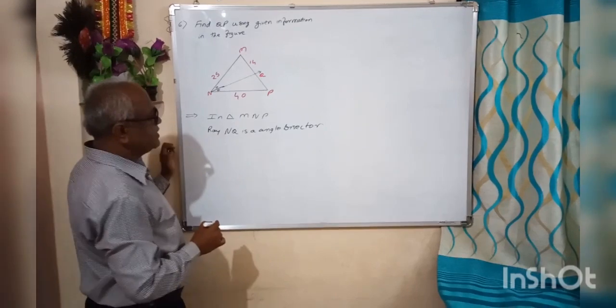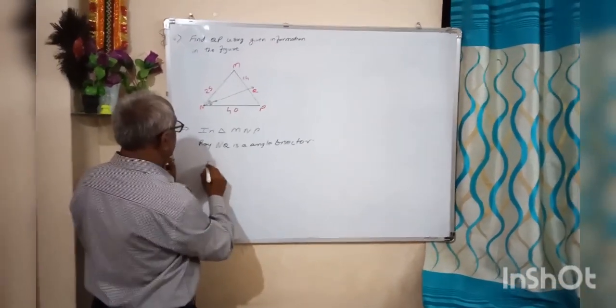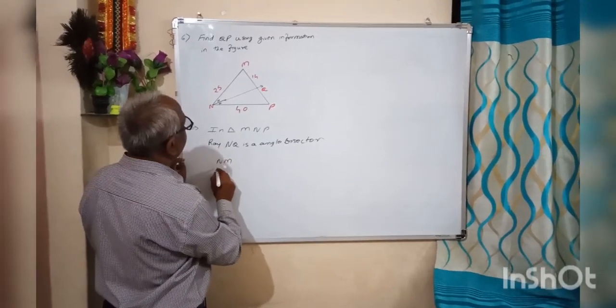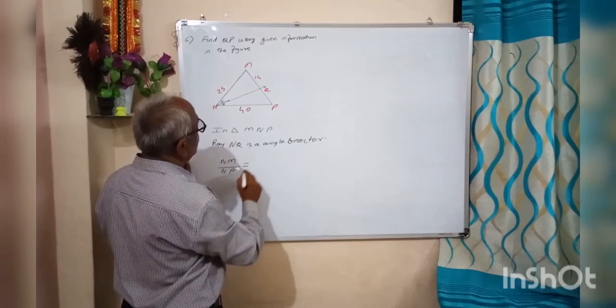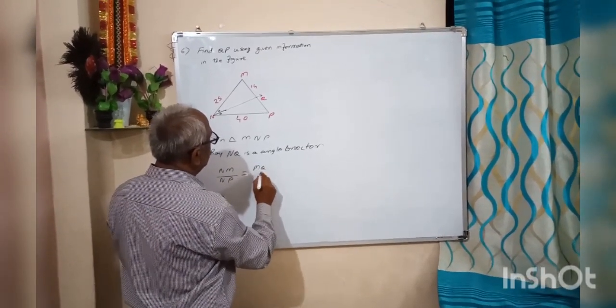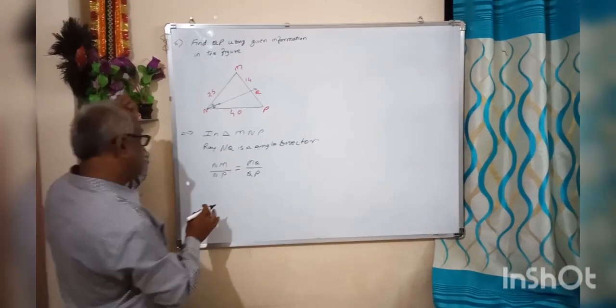Therefore, by the angle bisector property, we can say that NM upon NP is equal to MQ upon QP. Now put the values.